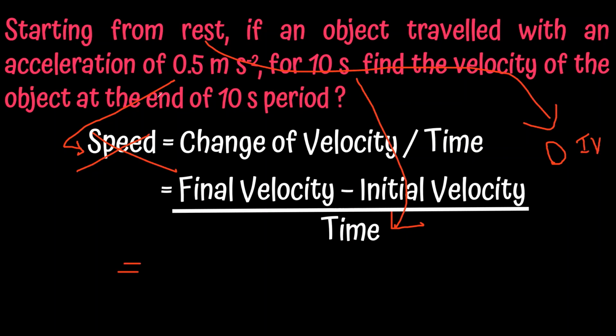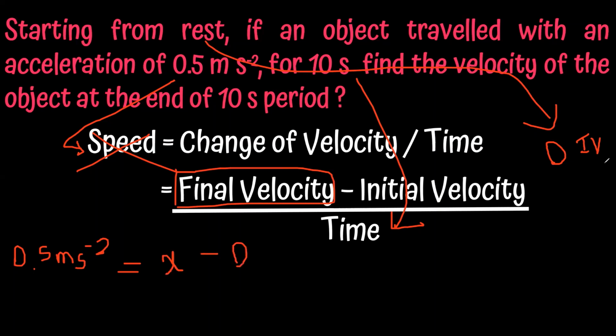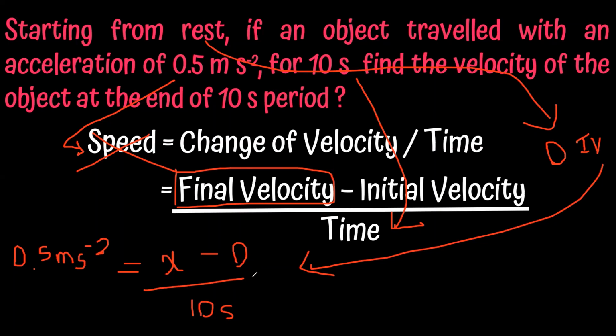So we can get the acceleration as 0.5 ms minus 2 here, and change of velocity means final velocity minus initial velocity, no? So we need to find final velocity. We can represent final velocity as x because we don't know that. Initial velocity is 0. Time is 10 seconds. So first we need to multiply both sides by 10 seconds.